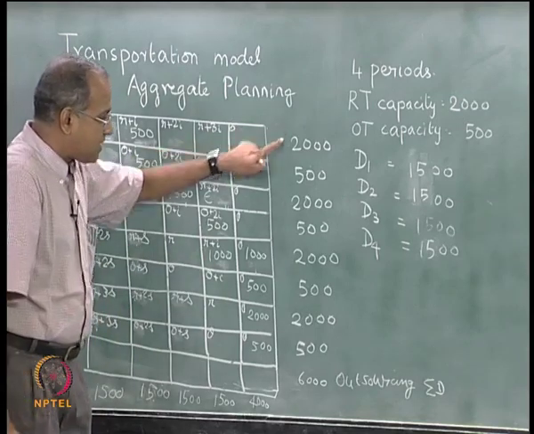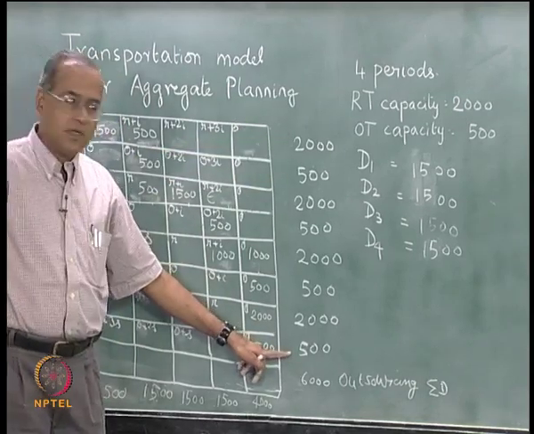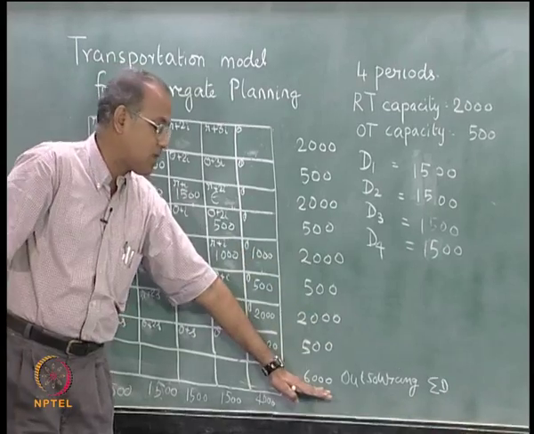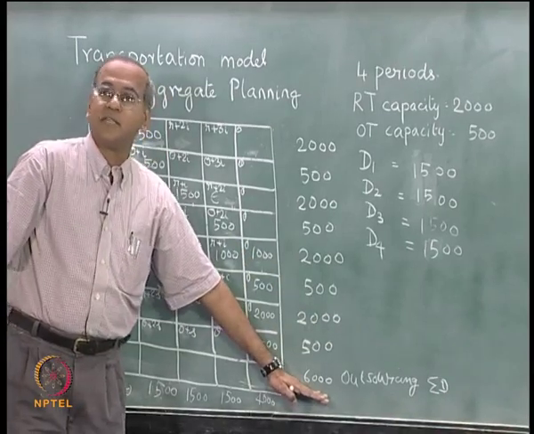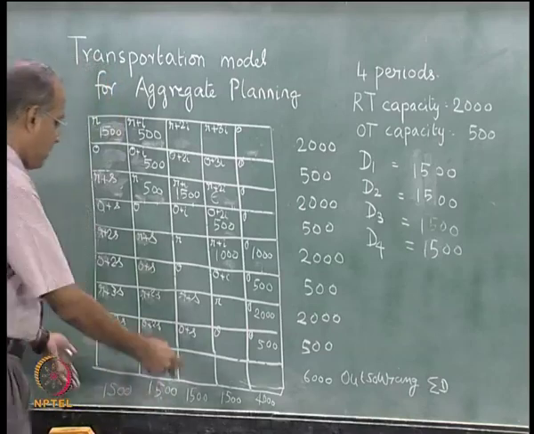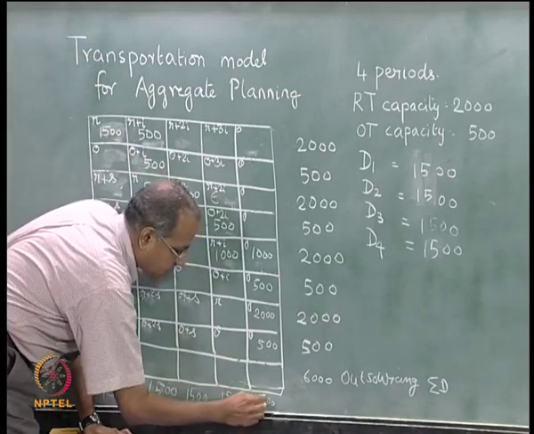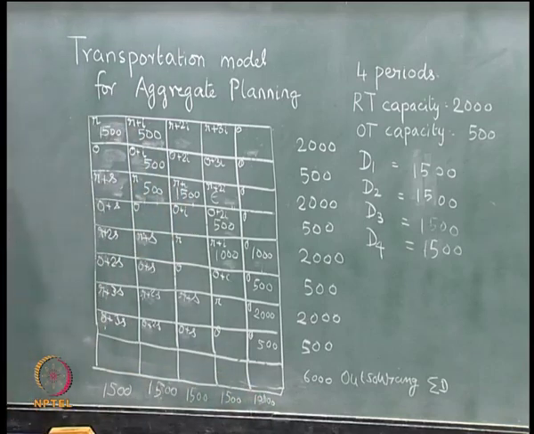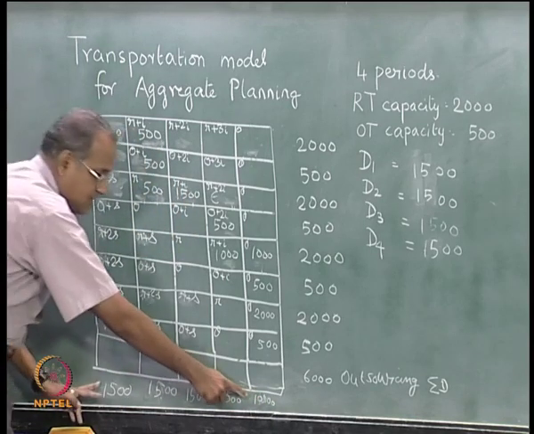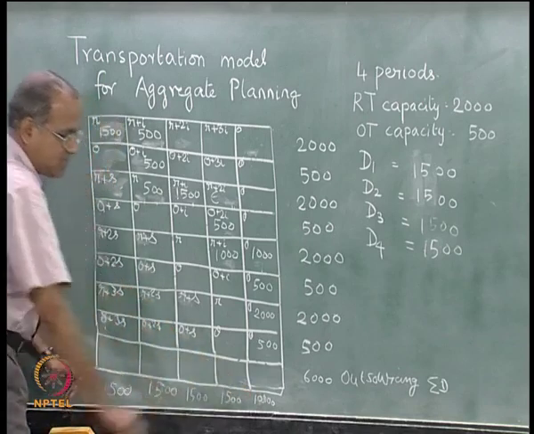These capacities are already 10,000, and the demand is 6,000. So now your total capacity is 16,000, your total demand is only 6,000, therefore the dummy will become 10,000.